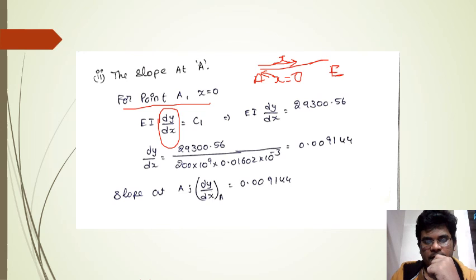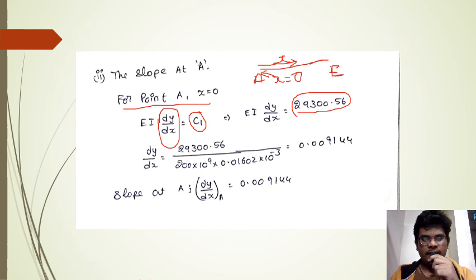Since every value will go to 0, we will have left with the constant C1. So then dy by dx is equals to, the C1 value is 29300.56. dy by dx will give us the slope at A, and this is how we find the slope at A.